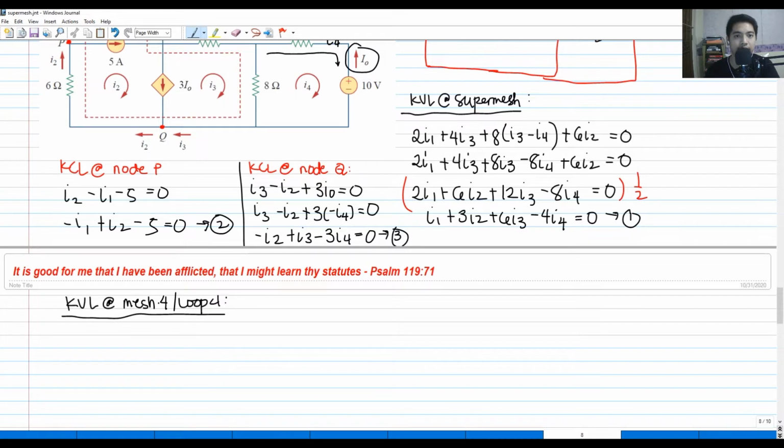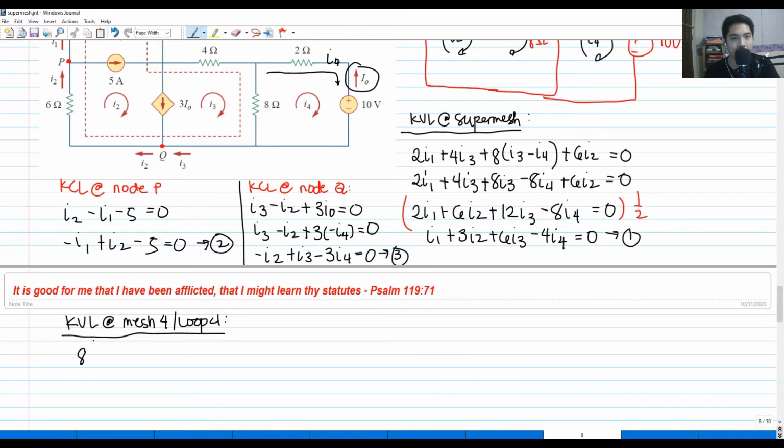So we'll be having 8 ohms, which is shared by I sub 3 and I sub 4. We are now writing the equation for I sub 4, so this would be I sub 4 minus, sharing with the mesh current 3, minus I sub 3, and then plus 2 I sub 4, that is purely on mesh 4 or loop 4.